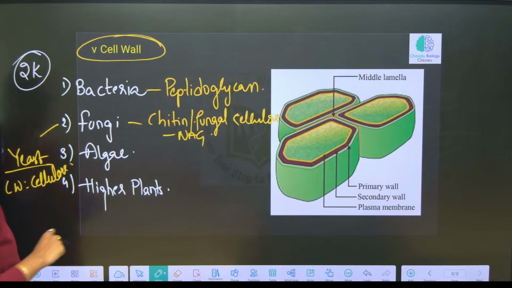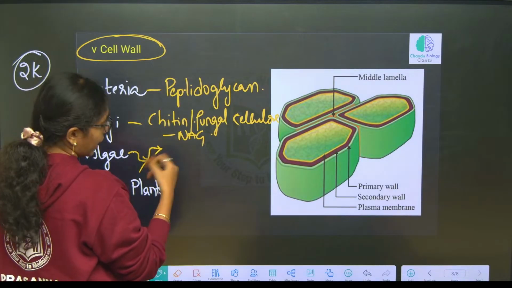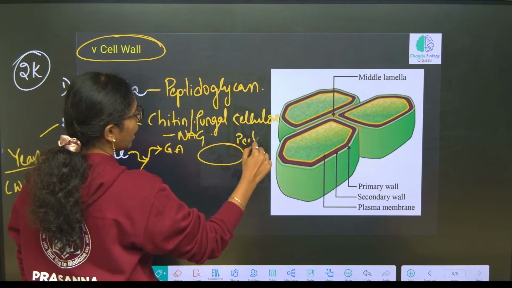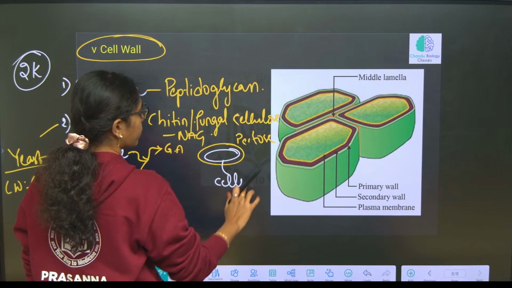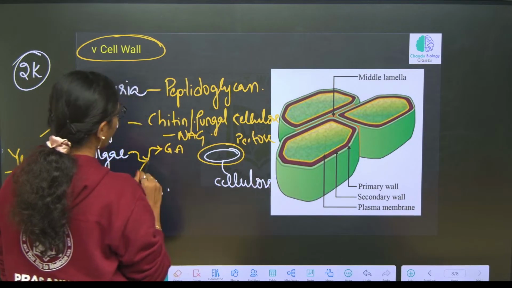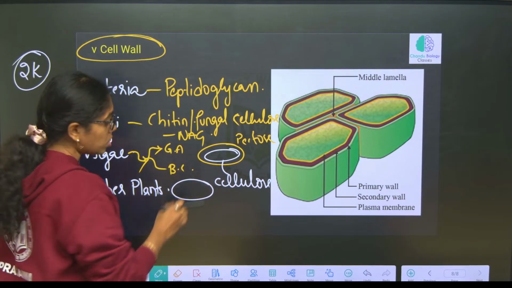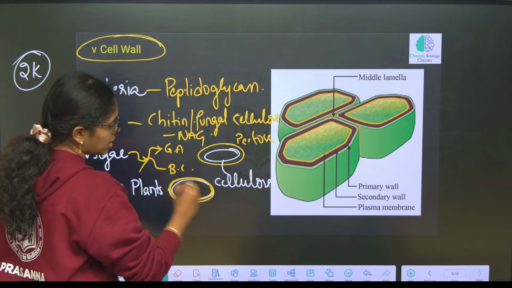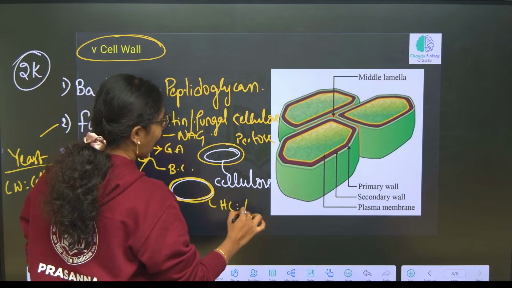Fine. Algae. Algal cell wall is made up of, of course, in green algae it has an outer pectose layer and an inner cellulose layer. Brown algae will have a cell wall composed of cellulose, but its outer wall above the cellulosic cell wall has hydrocolloids like algin.